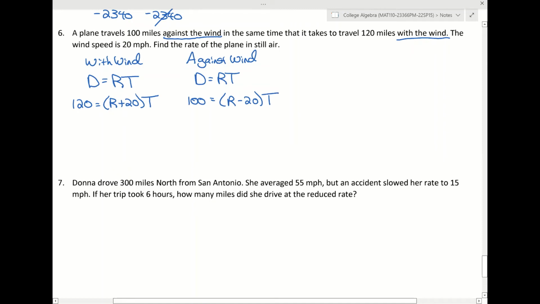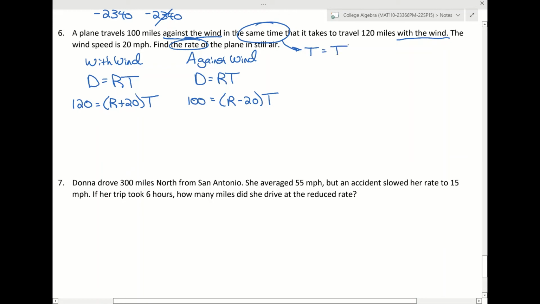So find the rate of the plane in still air. What this means is we need to come up with some kind of equation where we're solving for r. It asks us to find the rate. We want to have r as the only variable there. You see how it has in the same time? What this means is we're going to set the time equal to the other time.